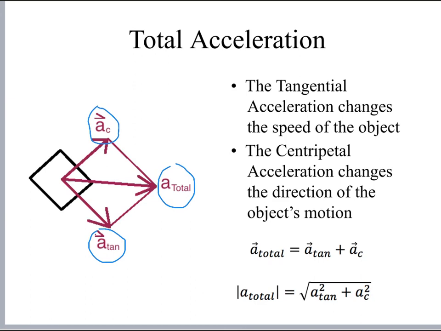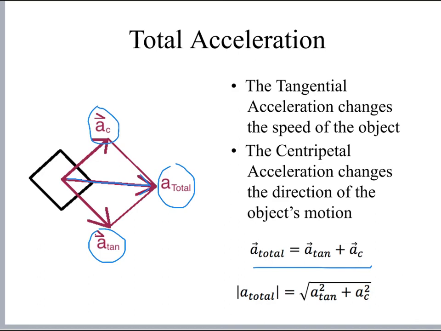And here I've done the parallelogram method of vector addition. You can see that the total acceleration is just a_c plus a_tan, and that's exactly what we have in our equation right here. And if you want to calculate the magnitude, you just use the Pythagorean theorem, and boom, Bob's your uncle. And you can get that very easily.